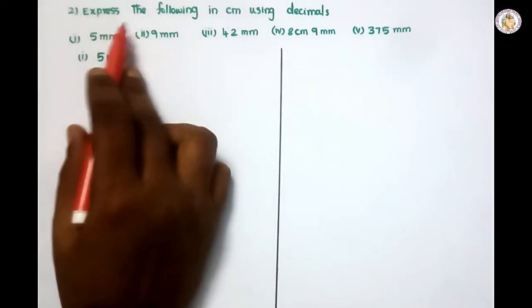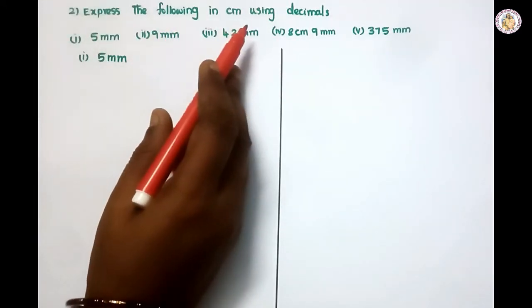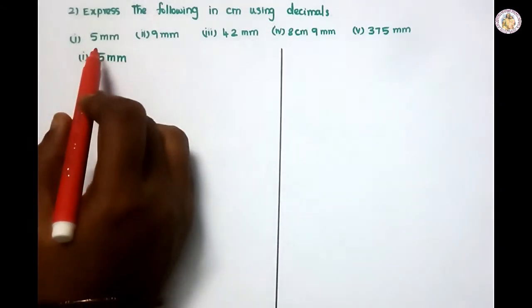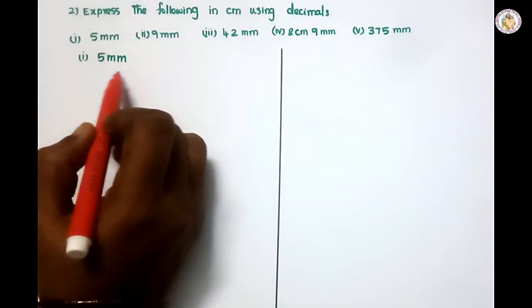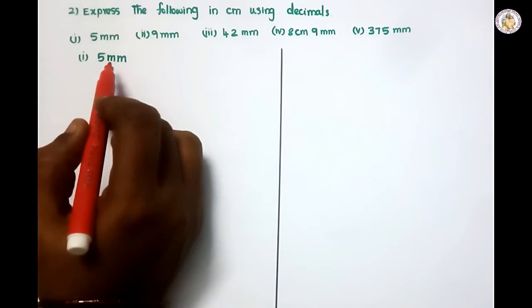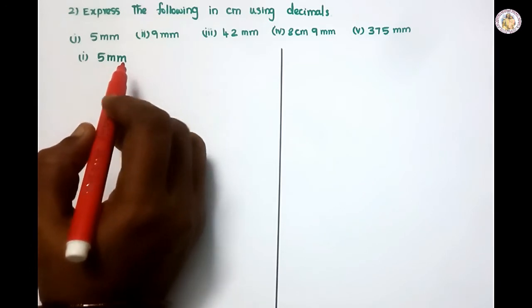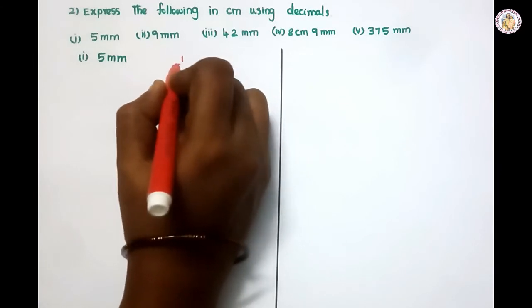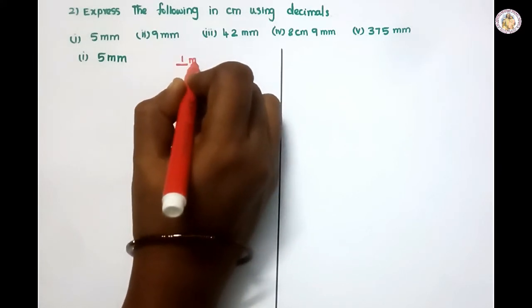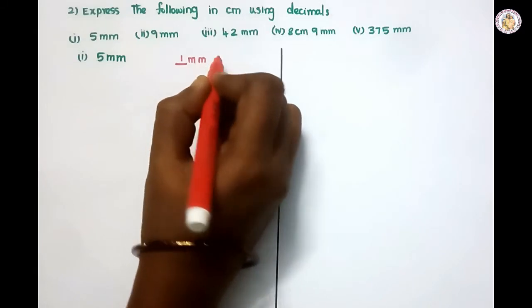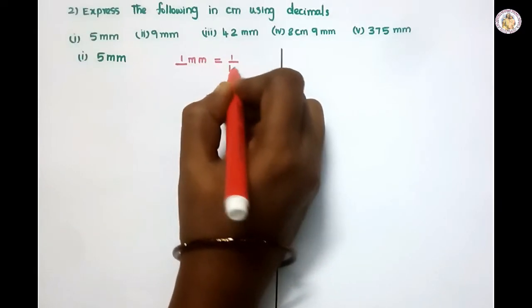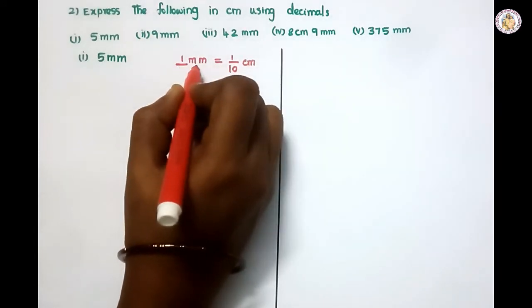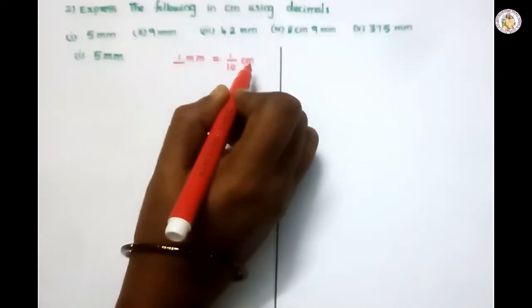Second one: express the following in centimeter using decimals. First one, 5 mm, that is millimeter, we have to change into centimeter. Listen, 1 millimeter equals 1 by 10 centimeter.